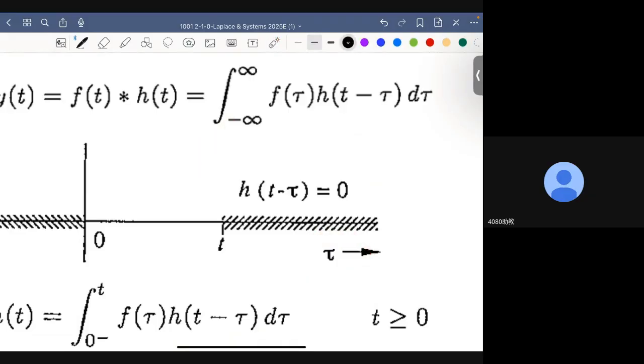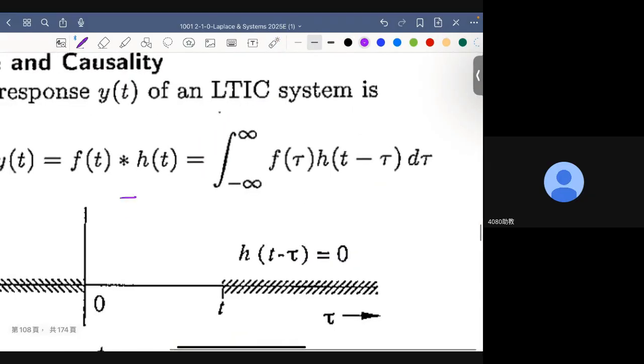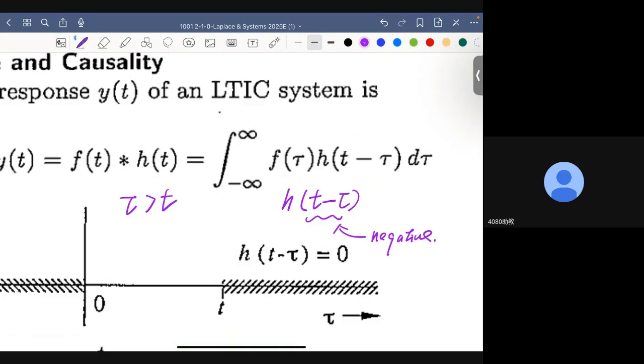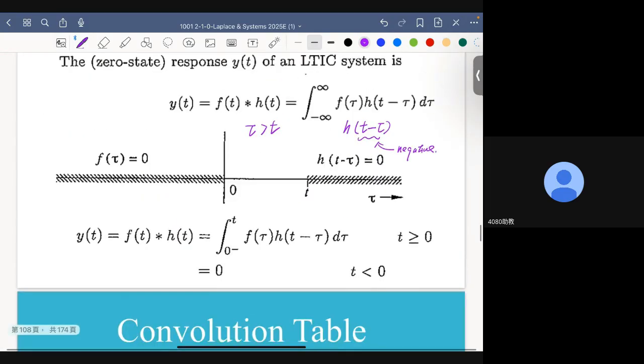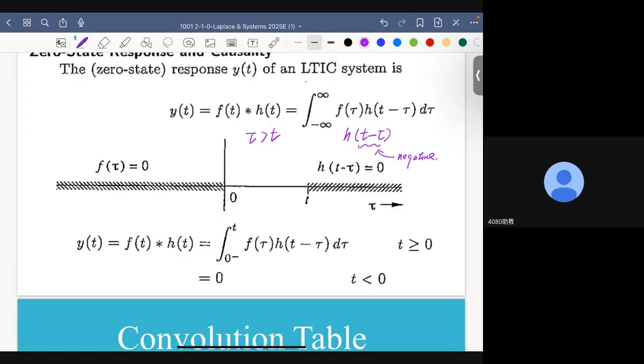Because if tau is larger than t, then t minus tau is negative, which means you have a negative value inside the bracket. Now, h of t is 0 when t is smaller than 0.